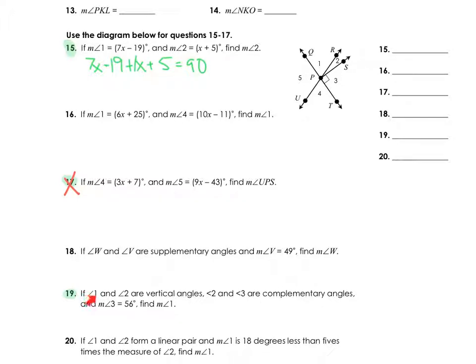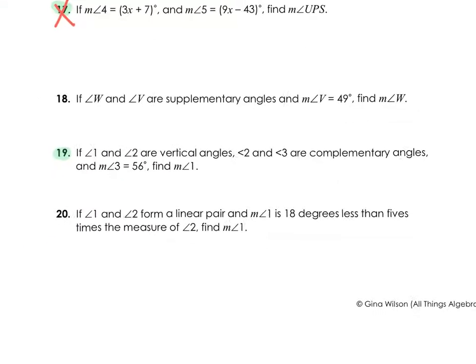It says angles 1 and 2 are vertical. Now, this has nothing to do with the picture. I thought it did, but it doesn't. My bad. We'll zoom back in. We'll draw a picture. 1 and 2 are vertical. So vertical angles are back to back like that. 2 and 3 are complementary angles. Okay, so angle 2 and angle 3 are complementary angles, which means they equal 90 degrees. 3 is 56 degrees.